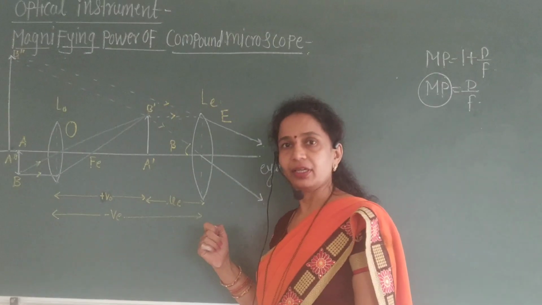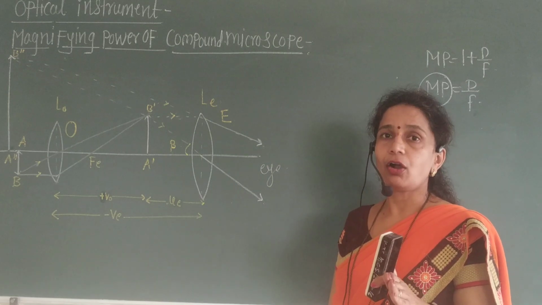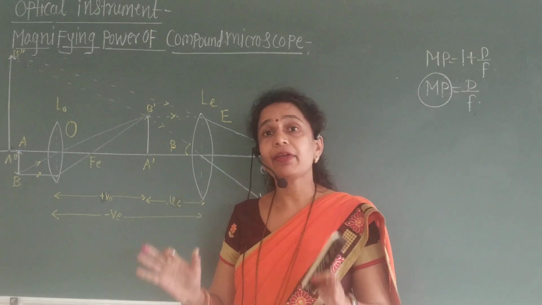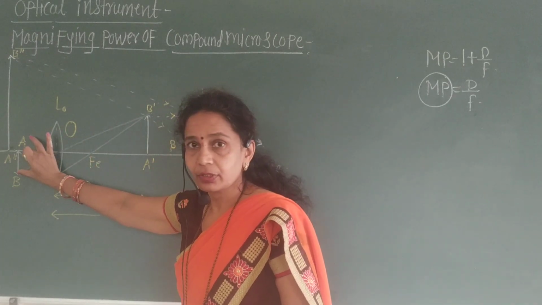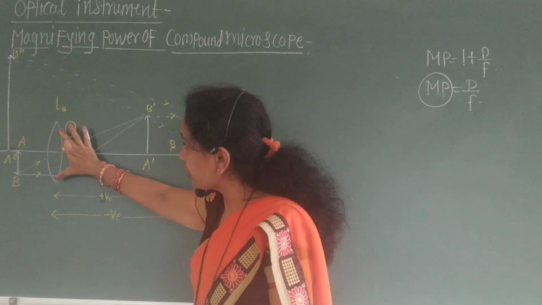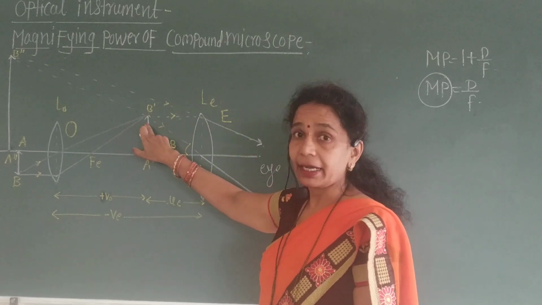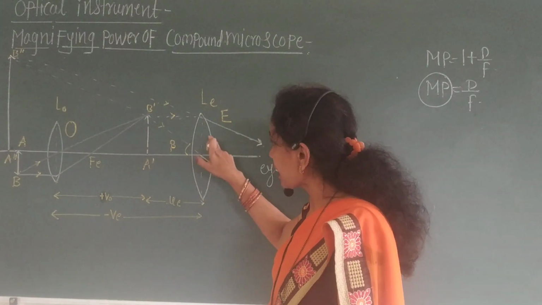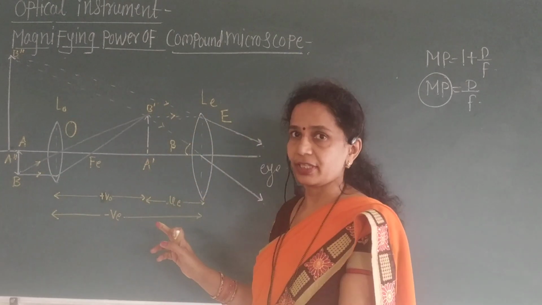Then see this ray diagram. In this ray diagram, the tiny object AB is placed between f and twice f of the objective. Here is our small object. Then this objective lens produces its real, inverted and magnified image. For the eyepiece, this image A dash B dash acts as an object.